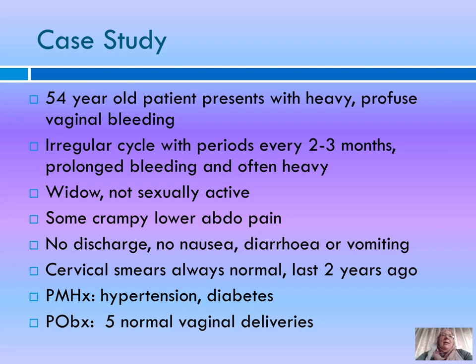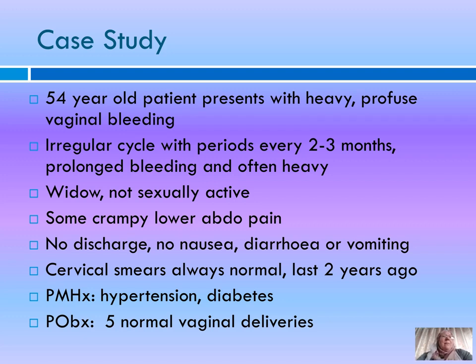Okay, let us go to the next case, which is a 54-year-old patient who presents with heavy, profuse vaginal bleeding. She usually has an irregular cycle with periods every 2 to 3 months, but once her period comes, it's prolonged and heavy and very difficult to manage for her. She's a widow and not sexually active.